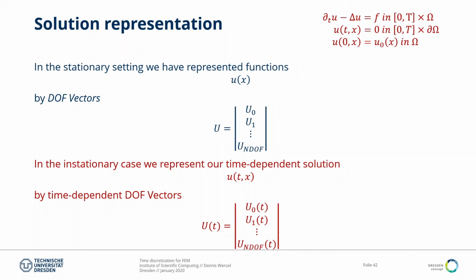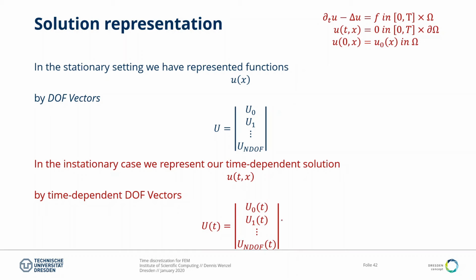In the instationary case, we do the exact same thing. So when we now have a time-dependent solution u of t and x, we still talk about DOF vectors, but now a DOF vector is a vector-valued function, in the sense that at every point in the domain, I now have to specify what is happening there over time. So the format is exactly the same. The only difference is now things are changing over time.